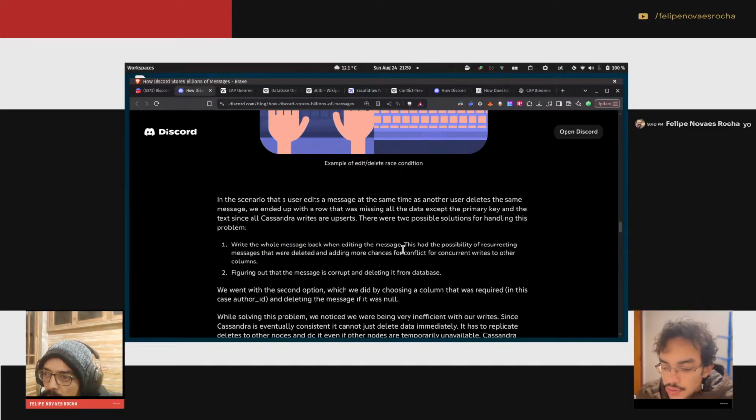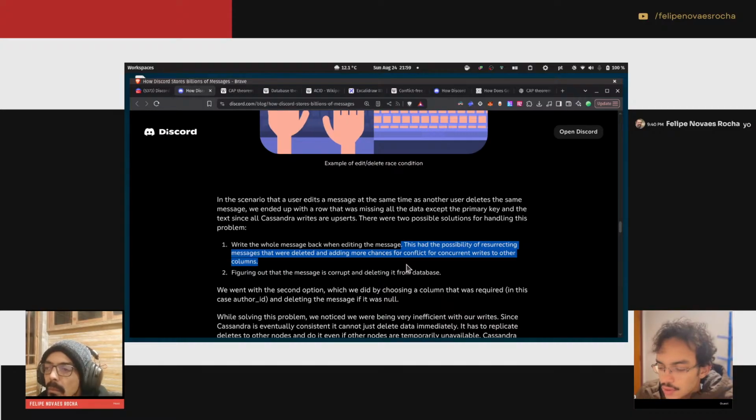Two possible solutions. Write the whole message back when editing the message. These had the possibility of resurrecting messages that were deleted, and adding more chance for conflict for concurrent writes to other columns.